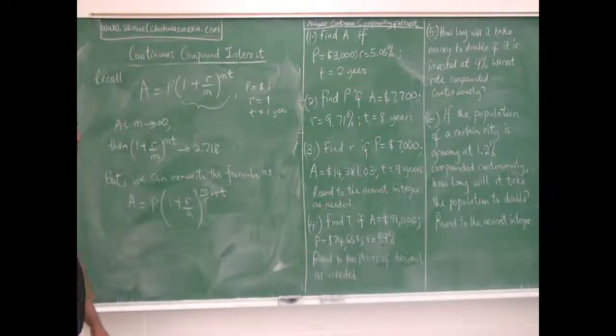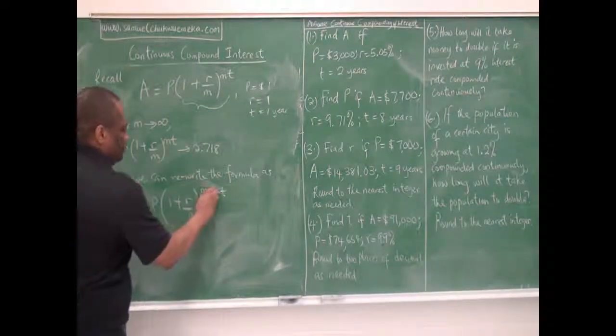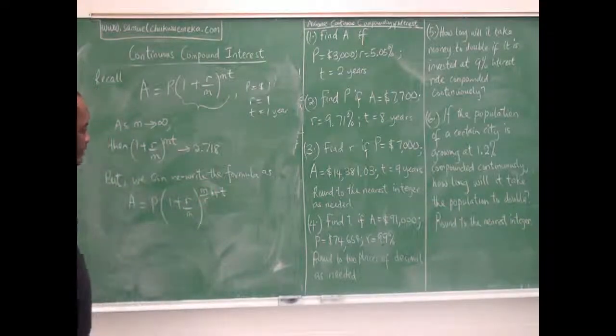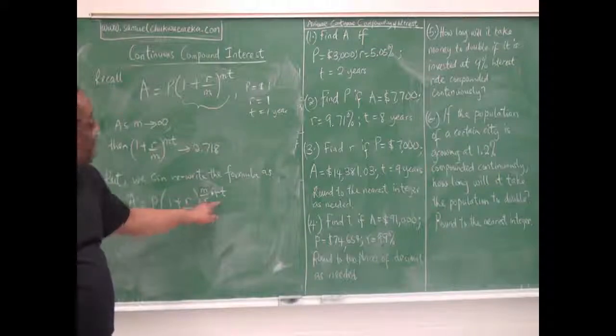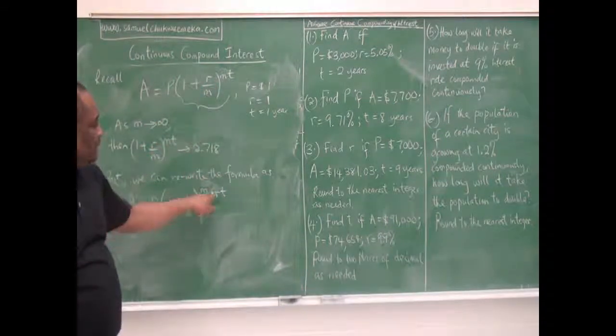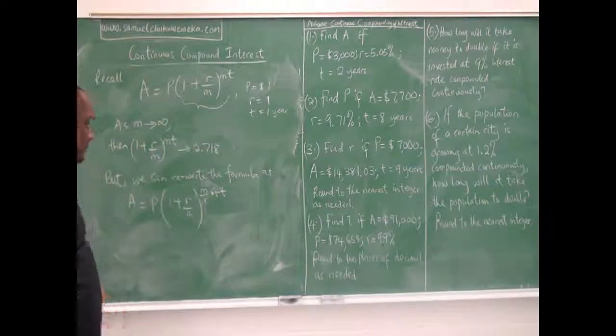Did you see what I wrote now? Because I want to derive a formula, okay? So we can write this as M over R times RT. Of course, this is still the same thing as MT because R will cancel R, right?